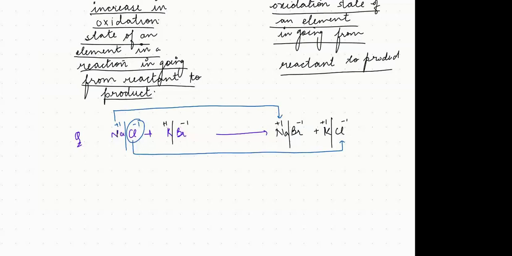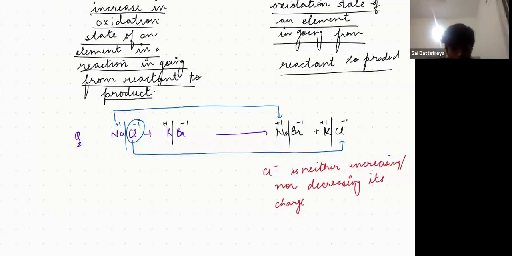That means Cl minus is neither increasing nor decreasing its charge. You understand?